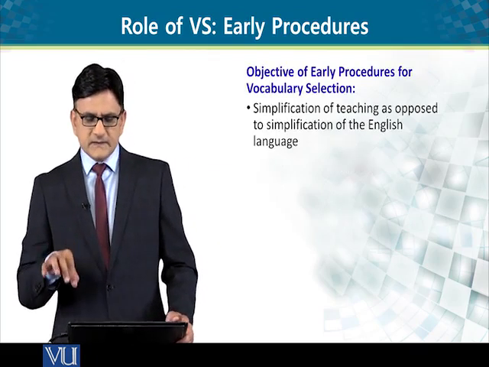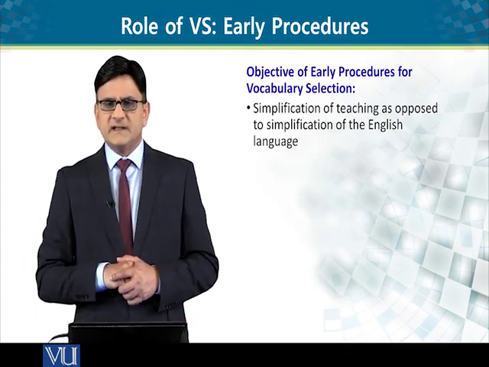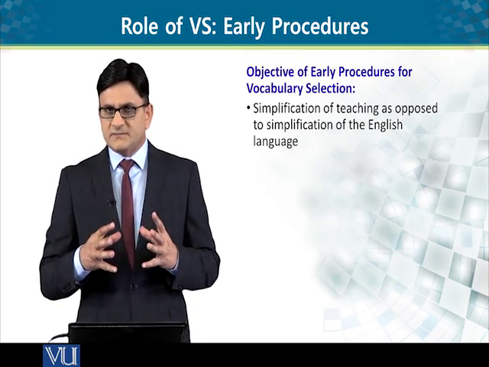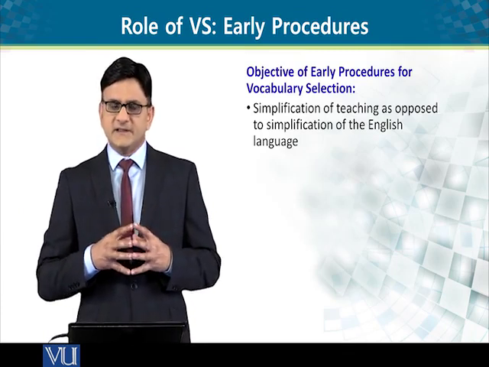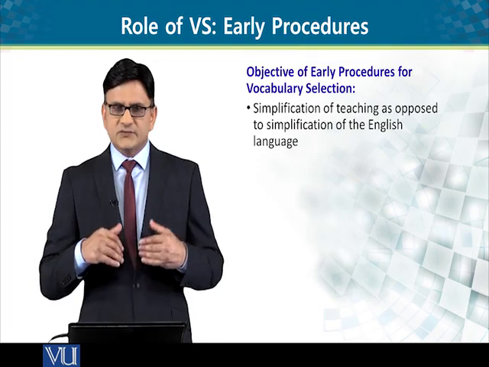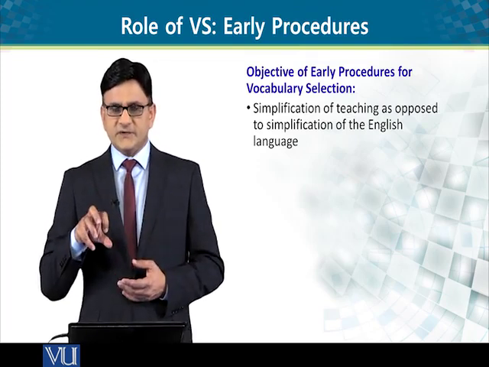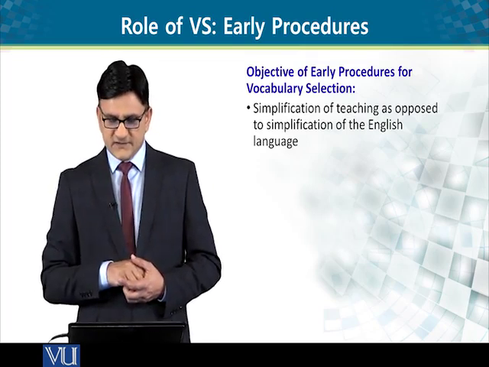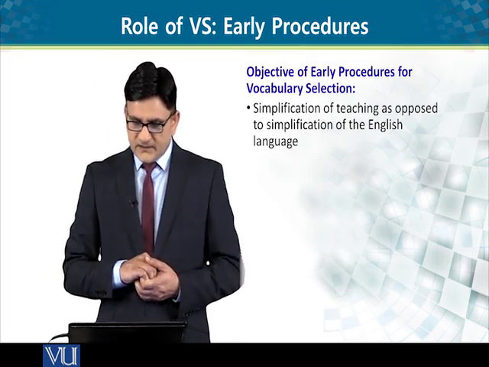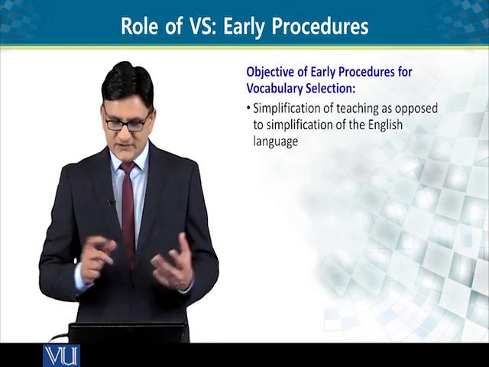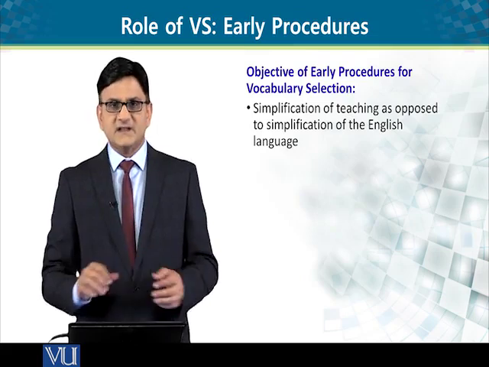So these examples actually indicate that the applied linguists were basically concerned with how to simplify words for language teaching, right? As compared to the notion of simplification of the English language.